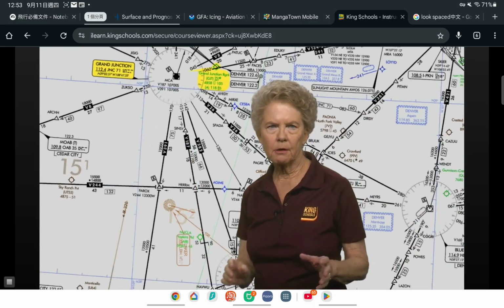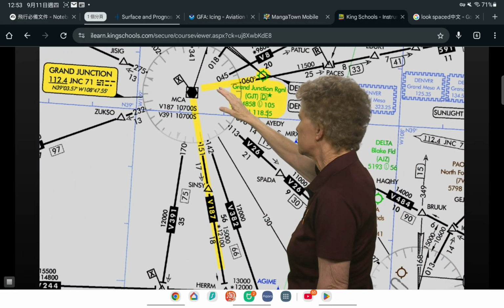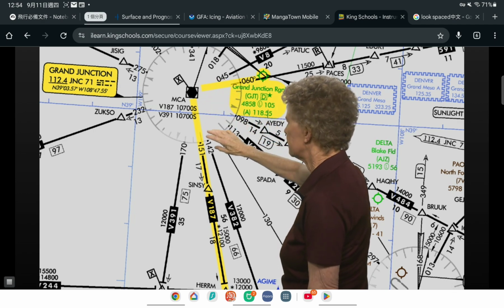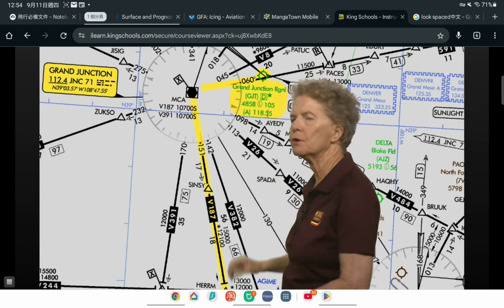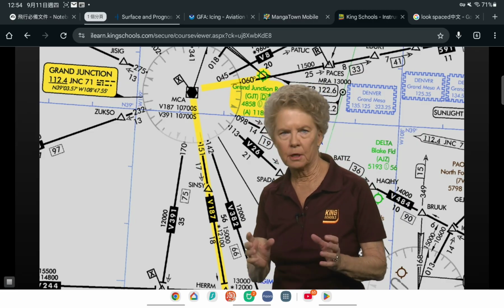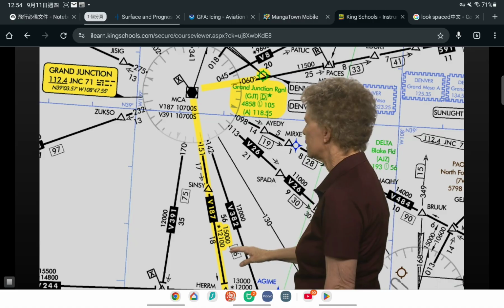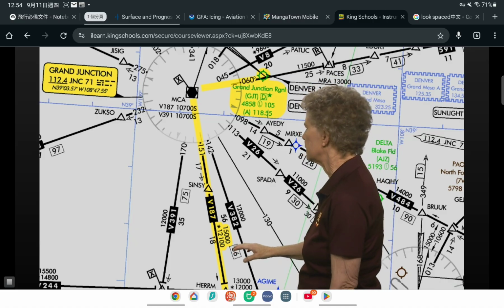So start up here at the top at Grand Junction VOR. And as you follow Victor 187 southbound, what you're doing is looking for an altitude on the airway. And sure enough, you find one right here, 15,000 feet.